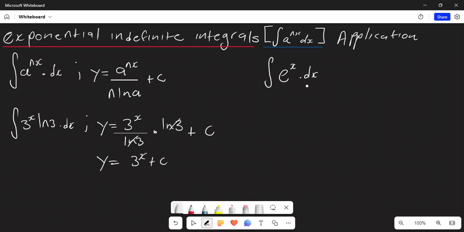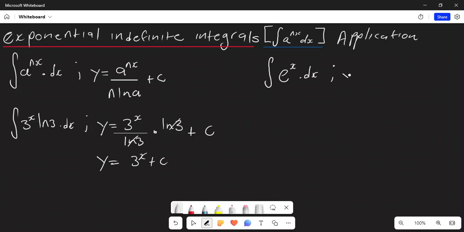Again, if you still remember, when we differentiate a function like this, it's going to give us exactly e to the power of x. So let's see if we take it back now. If we integrate e to the power of x, are we going to get e to the power of x? We still use this formula to get our answer.